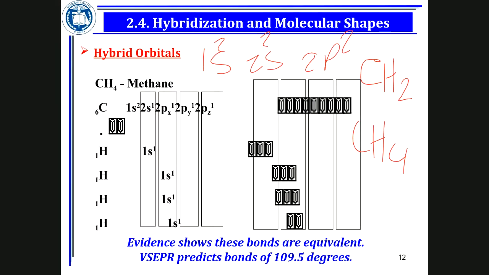How can carbon form 4 bonds? Because it has only 2 p orbitals with 1 single electron each, it is expected to form only 2 bonds, but this never exists. The CH2 does not exist. Instead, we have CH4.